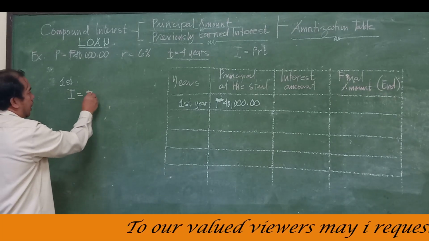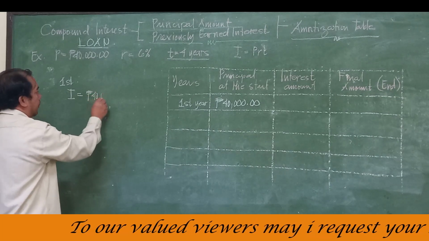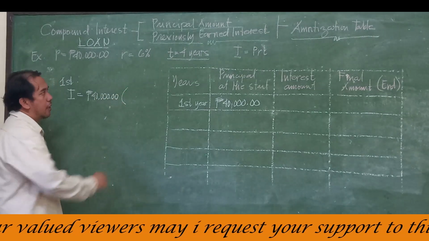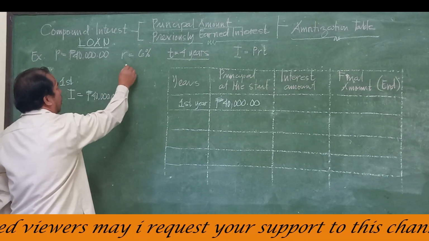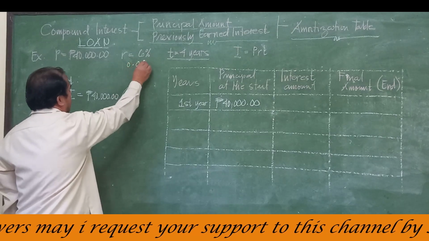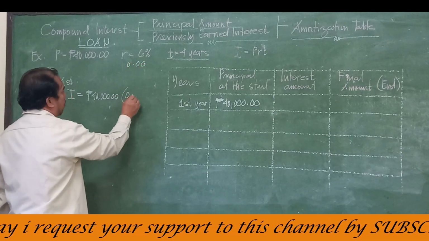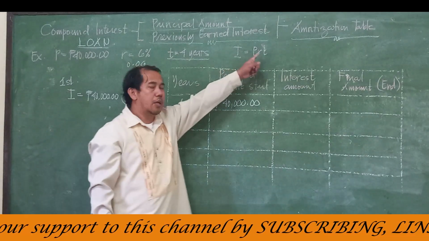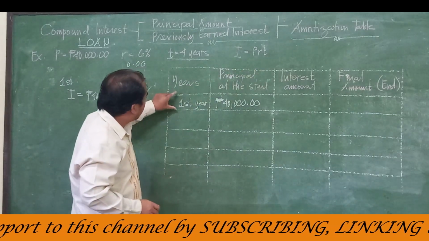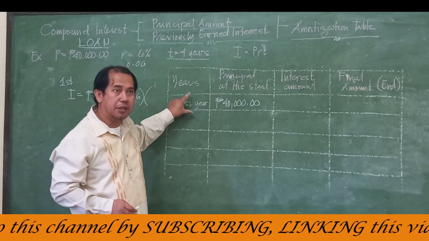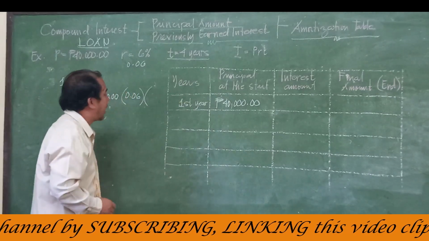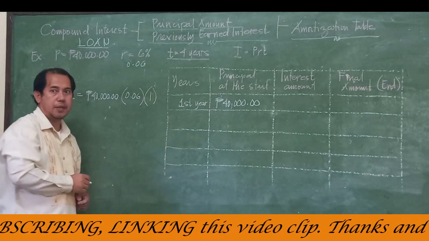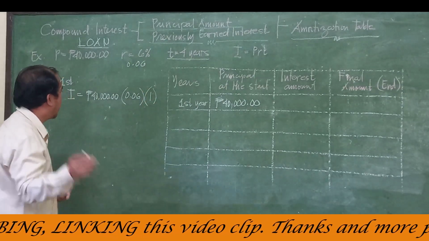We have in here 40,000 pesos multiplied by the given interest rate, that is 6%, or the same as 0.06, multiplied by time. Remember that we are only talking of the first year. So what would be our time? It will not be 4 years, but 1 year. Would you mind calculating that one?